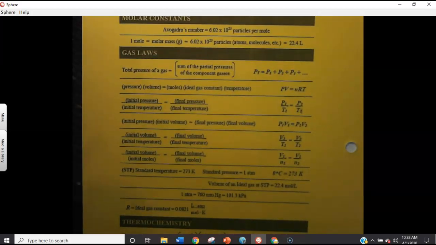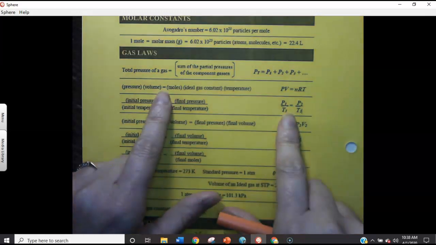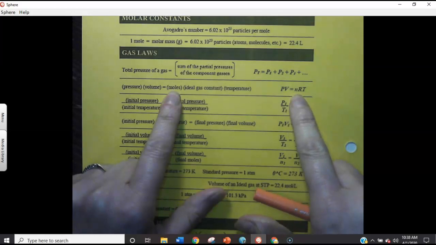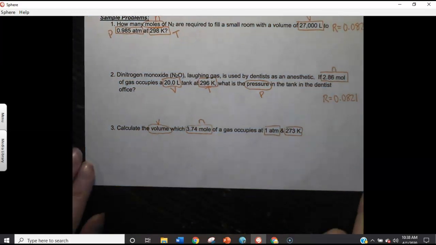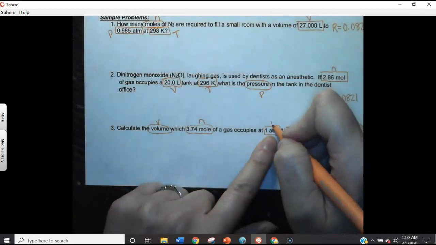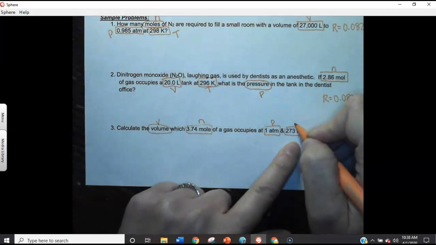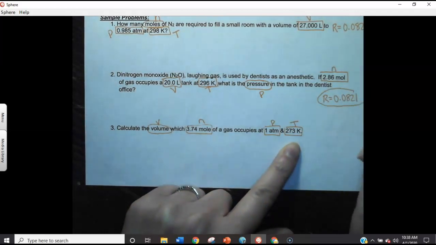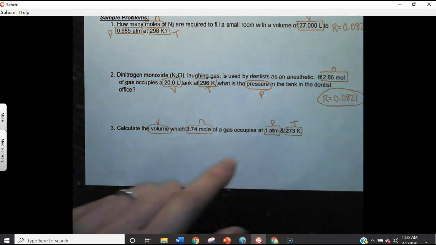It's on each module. Okay, but it tells you after the equal sign is moles, and after the equal sign is N. All right, ATM is pressure, and K, Kelvin, is temperature. Where's R? R is always 0.0821.